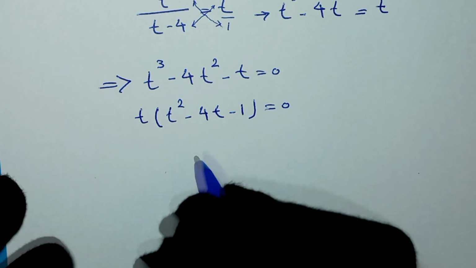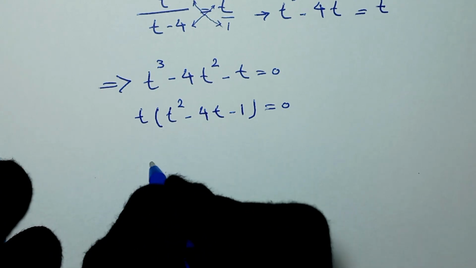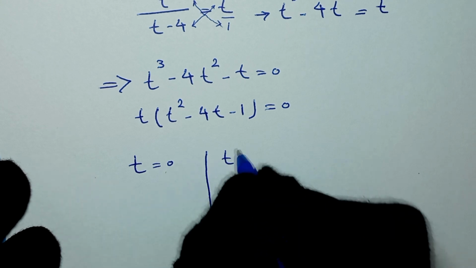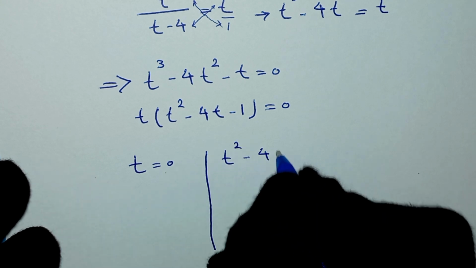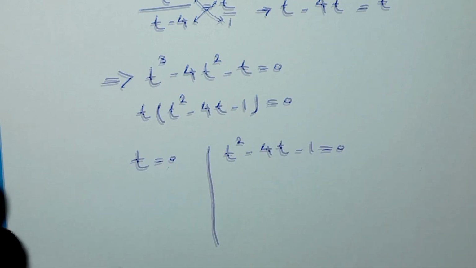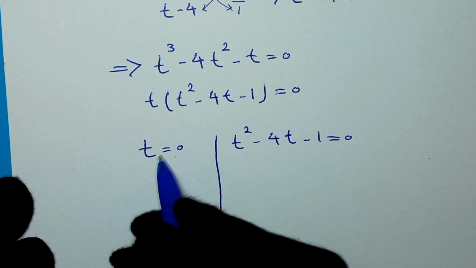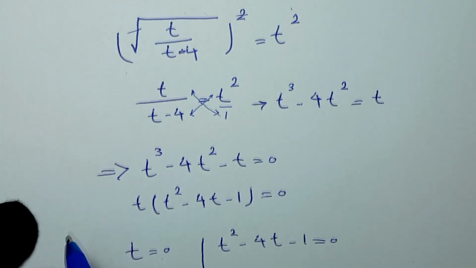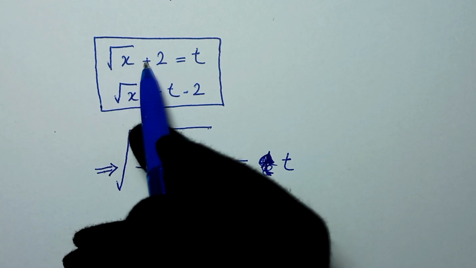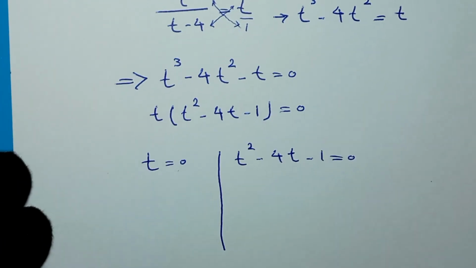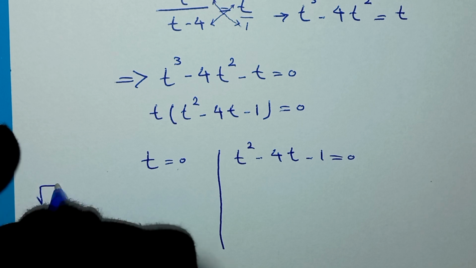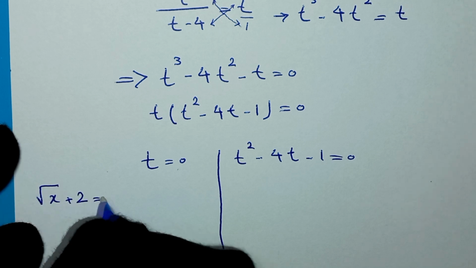So in here we have two solutions for t. t is equal to 0 and t square minus 4t minus 1 is equal to 0. From here, t is equal to 0, and t is equal to square root of x plus 2.